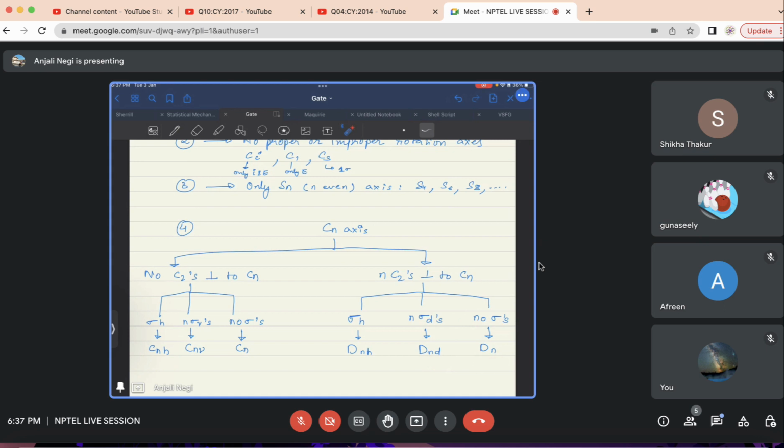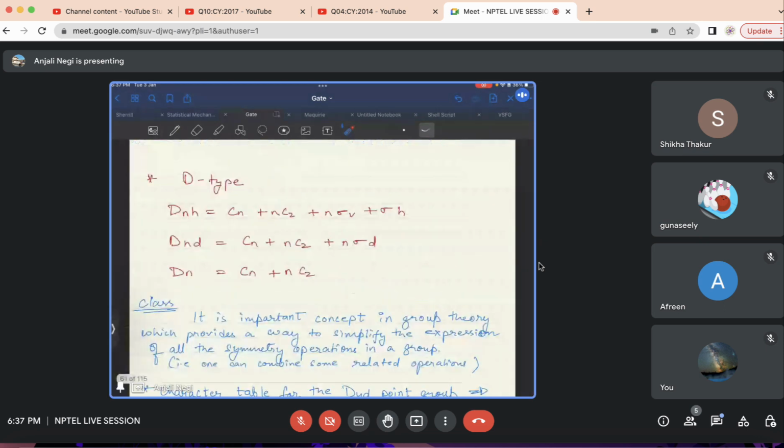Okay, now I can simply write down the D type, so Dnh, I can write it down like Cn plus nC2 plus n sigma v plus sigma h.